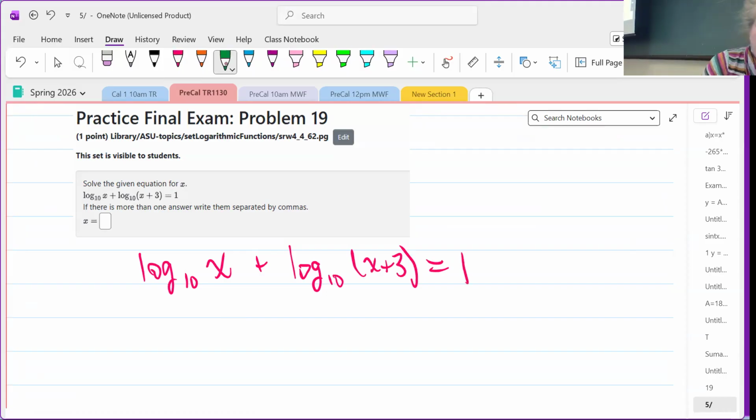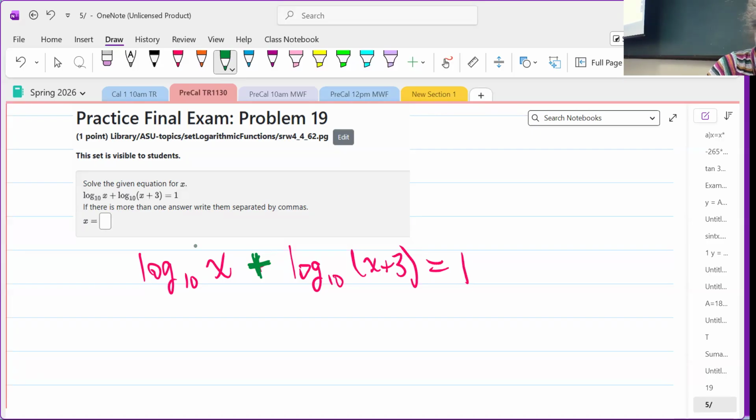So looking at this equation, I've got multiple logarithms equal to some number. In order to solve this equation, to start getting x by itself, I need the logarithms to be smushed and combined into a single logarithm. Now remember, logarithms do the crazy thing where they actually change an operation.